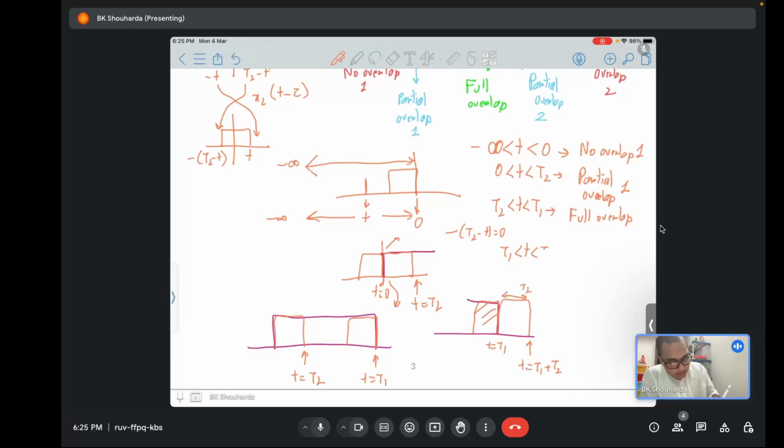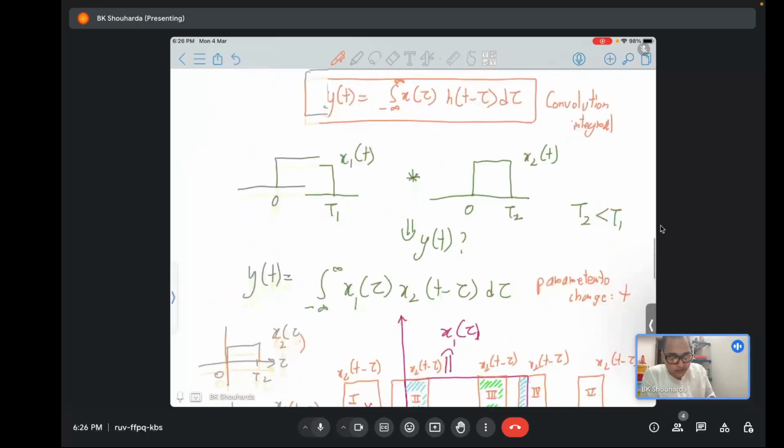So t1 till t1 plus t2 is again partial overlap 2, and beyond t1 plus t2 till infinity, this is the no overlap zone, part 2.